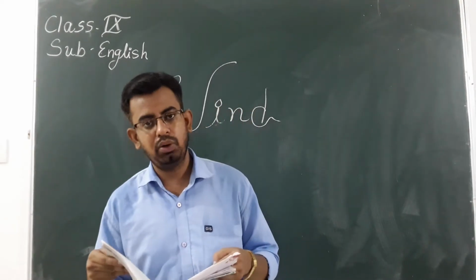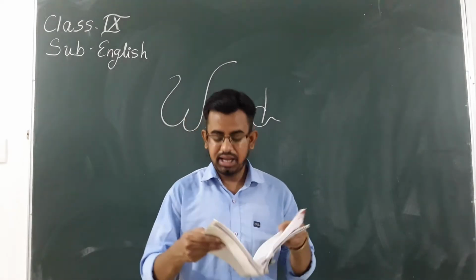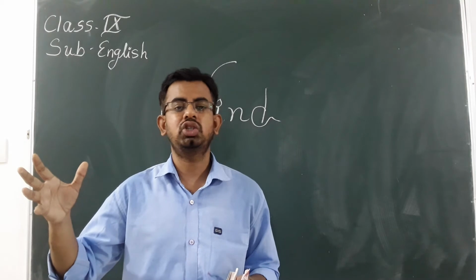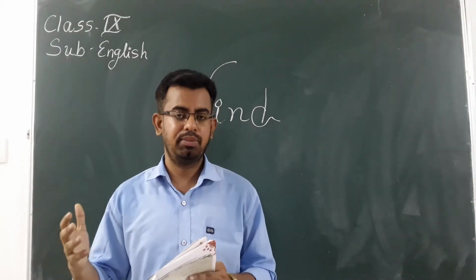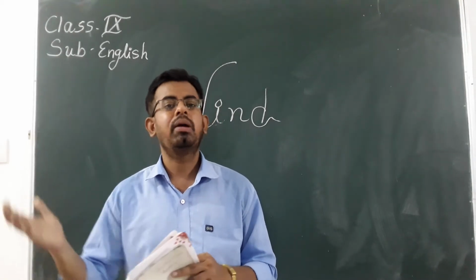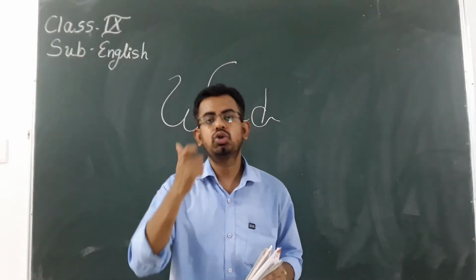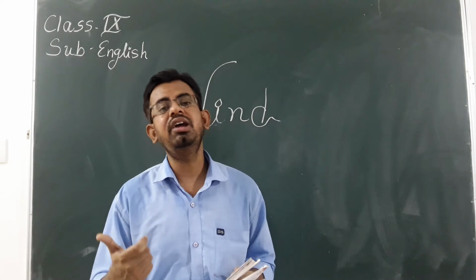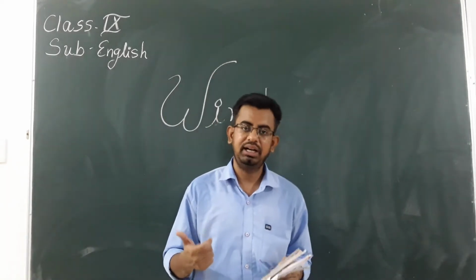Wind starts with W, winnows. That picture you can see in page number 31. Winnowing is a process in which the husk is removed from the crop with the help of wind. So wind god winnows. Two times a word is coming which is starting from alphabet W.